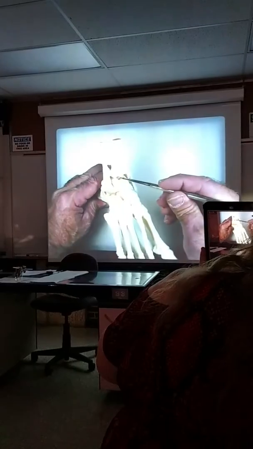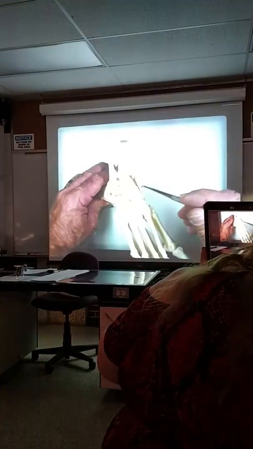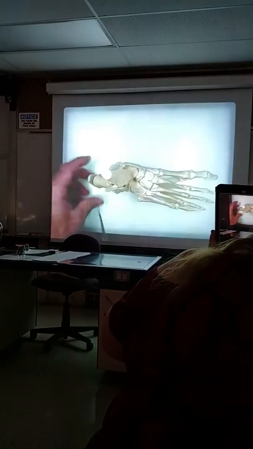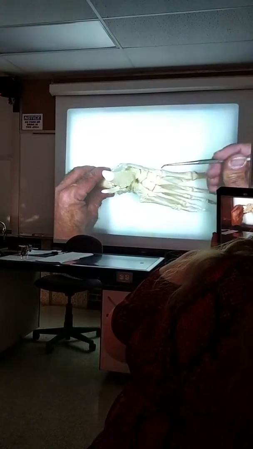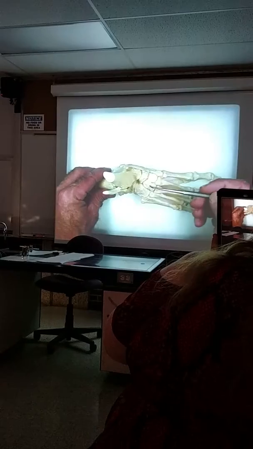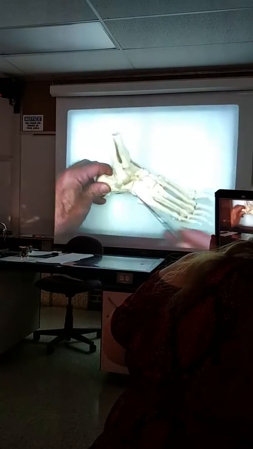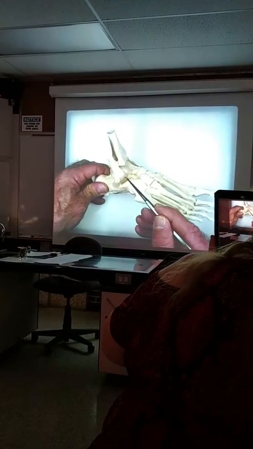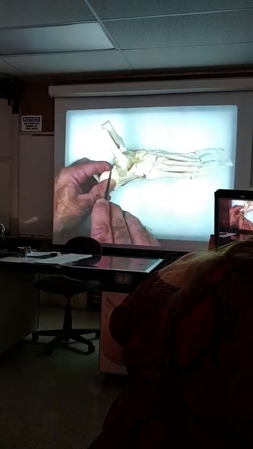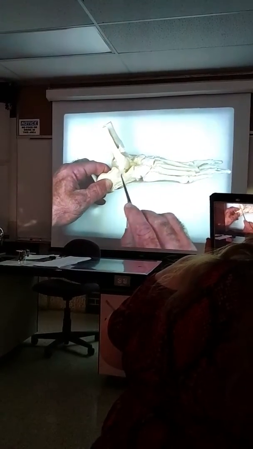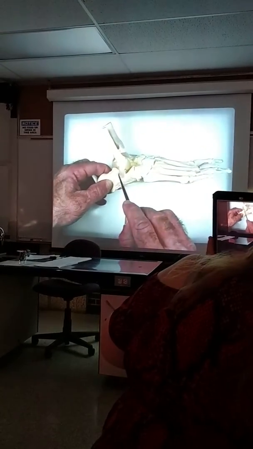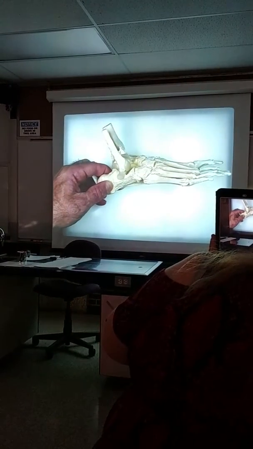They both run from this talus right here to the fibula right here. I'm going to name those bones for you again. Calcaneus, talus, navicular, medial cuneiform, intermediate cuneiform, lateral cuneiform, cuboid. So this is the anterior talofibular. This is the posterior talofibular. This is the calcaneofibular. Goes from the calcaneus to the fibula. So those are those three.